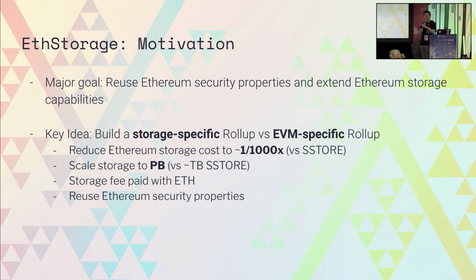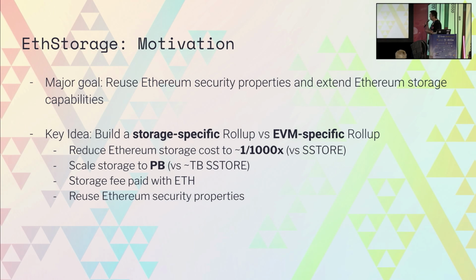Instead of doing those validity and fraud proofs, we are building a storage proof on Ethereum layer 1 contracts so that we can tell that there are some desired unique replicas that are stored in the layer 2 network. So this is the basic idea from rollup, but now we extend this idea from computation to storage.